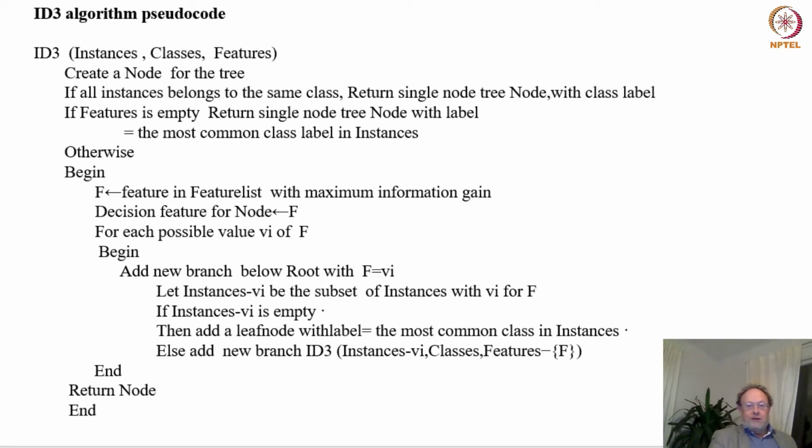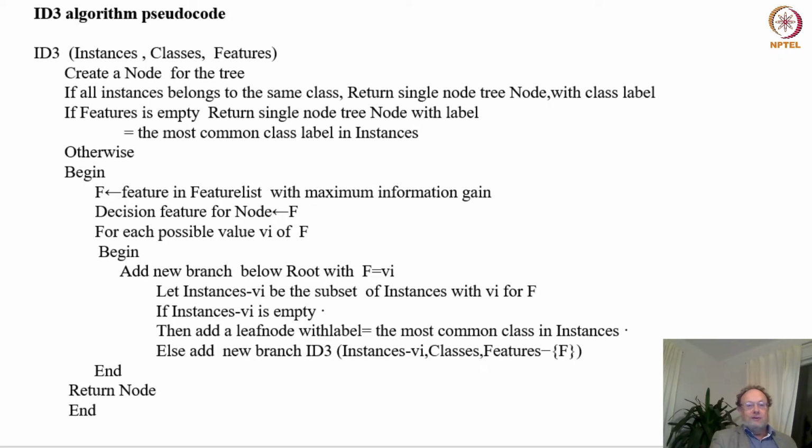And for each value of that feature, you add a new branch belonging to that feature. Then you create a new subset of the instances that satisfies that feature value. If that instance set is empty, then you just create a leaf node with the most common class label you found among those instances.